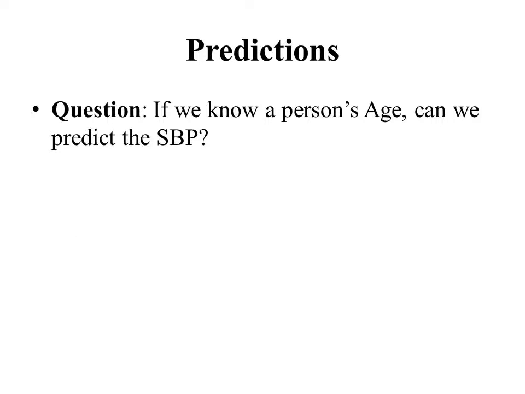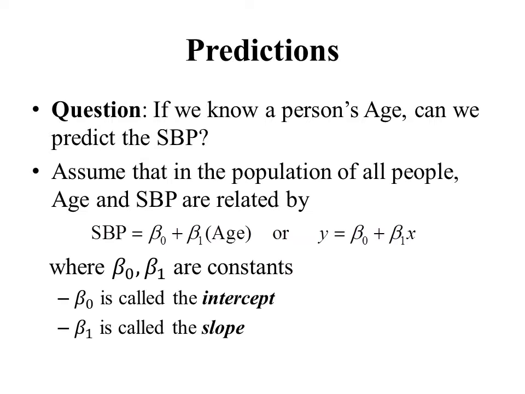Okay. So that's kind of the answer to our first question for regression. Is there a relationship between these two variables? Based off of our observations and our calculations, it appears that there is. So now the next question is, can we predict a person's systolic blood pressure if we know the person's age? And so what we're going to do here is assume that in the population of all people, age and systolic blood pressure are related according to a formula that looks like this.